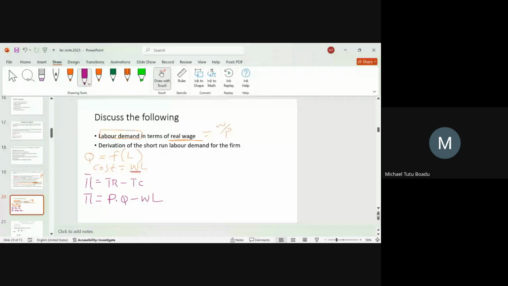This is your cost. The output K is a function of L. So it means that your profit will be P times F of L, this is the output, minus your WL.